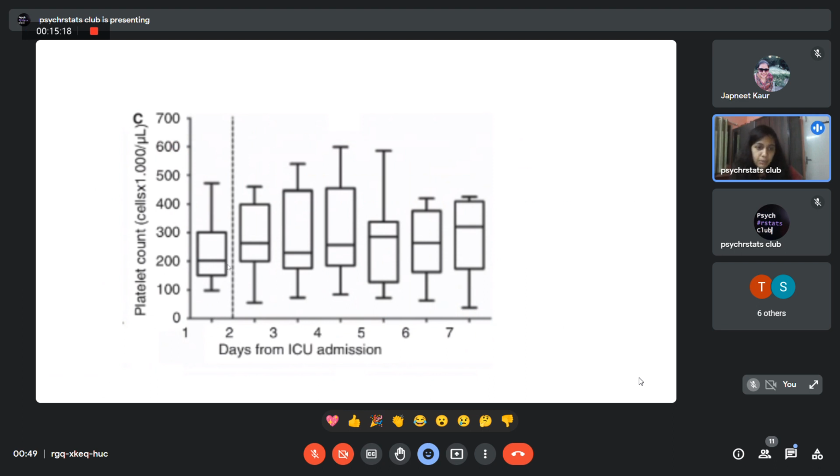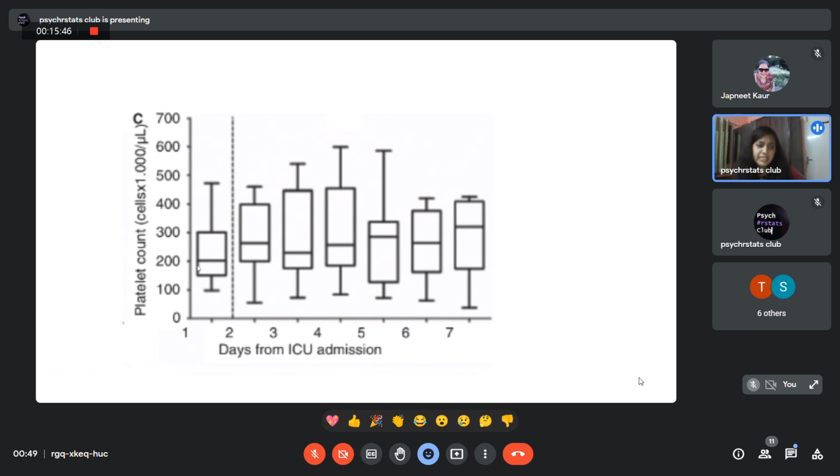The line in the box plot gives you the median, and the ends of the box are the 75th and the 25th quantiles, and these whiskers are basically the minimum and the maximum values. So between first and second day, the platelet count starts from 100, which is the lowest value, and went up to a maximum of 500.